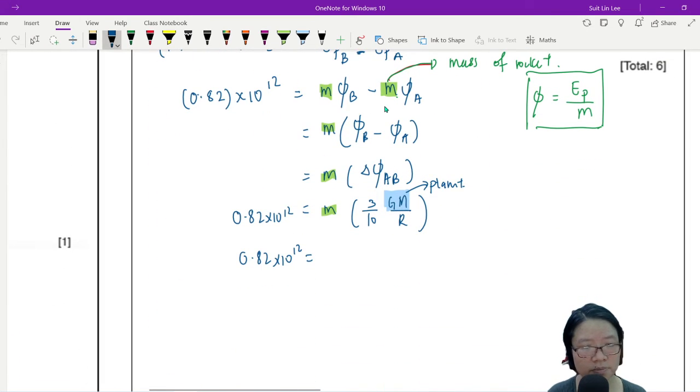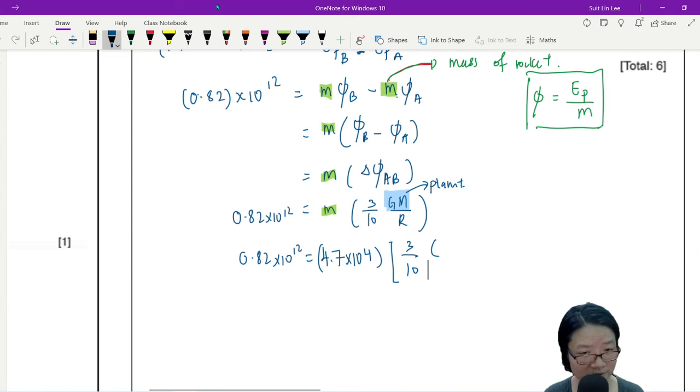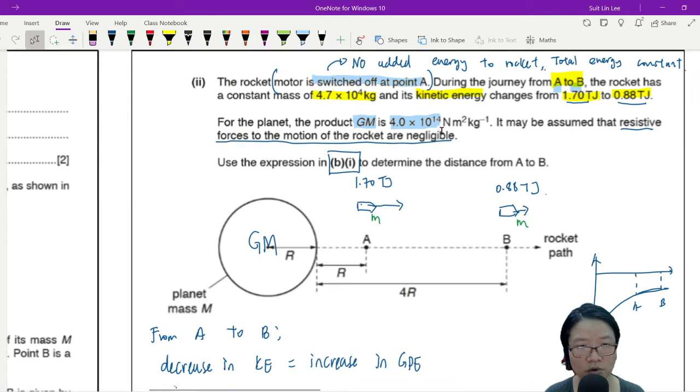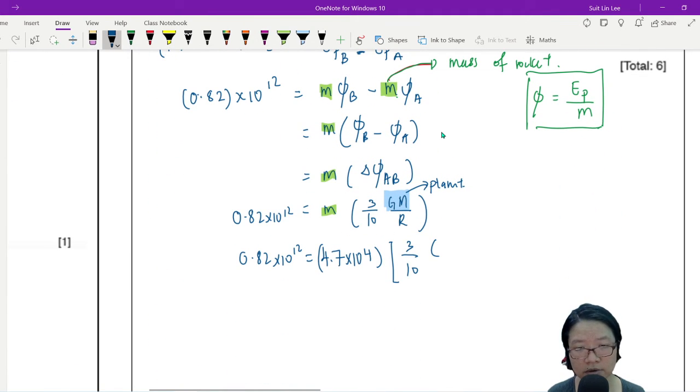So I'll put this here, 4.7 times 10 to the power of 4. Bracket, 3 over 10. We have GM, right? GM here is 4.0 times 10 to the power of 14. So put that in, 4.0 times 10 to the power of 14, divided by R.